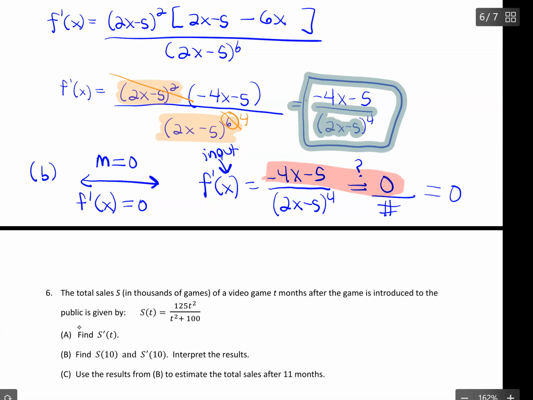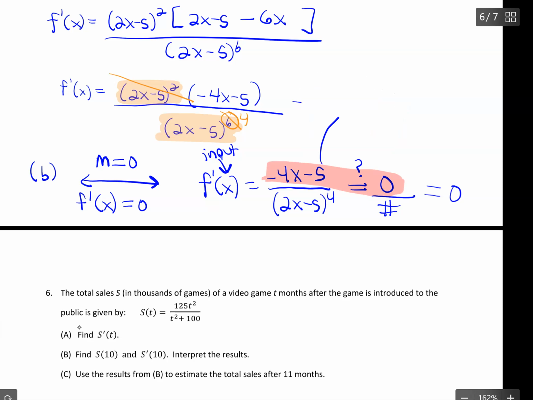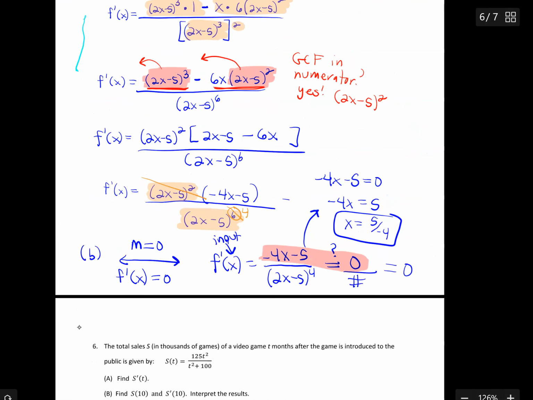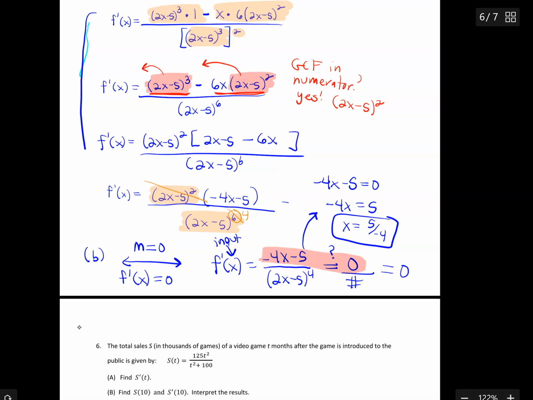So let me go ahead and do that up here since I've run out of space. I'm just going to set that numerator equal to 0 and solve for x. I'm going to add 5 to both sides. I'm going to divide by negative 4. So if x is equal to negative 5/4, and I plug that x into any of these derivative forms, they're all equivalent, right?